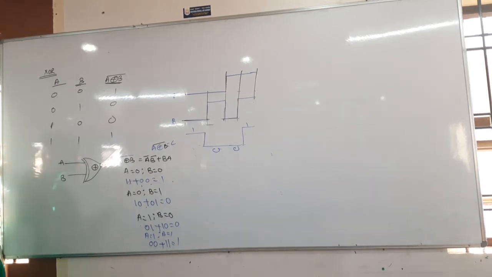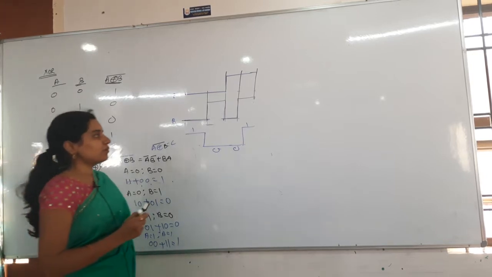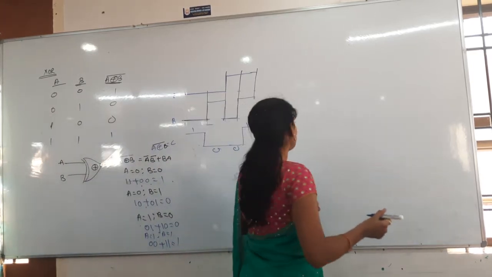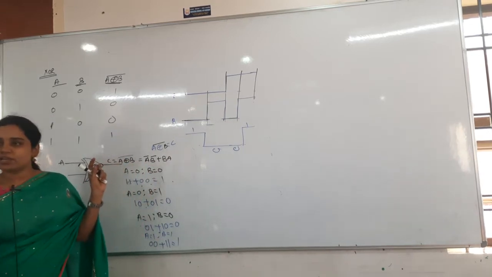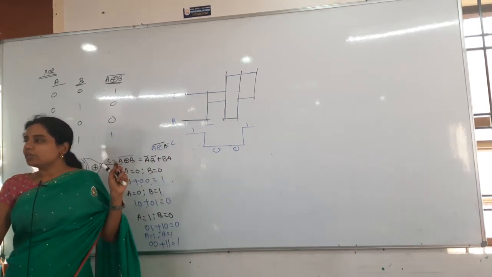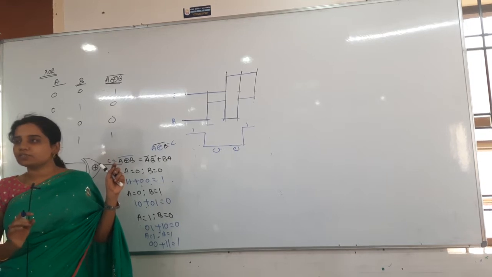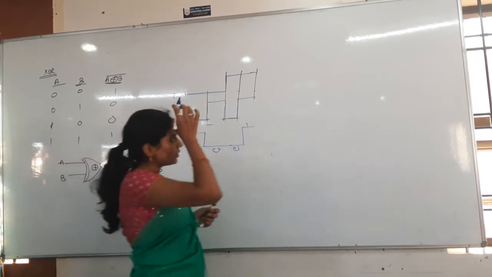Now I will tell you, by using this expression, whatever expression we got, you have to draw the circuit symbol. Otherwise I will just give you one combination, you have to tell me which gate that is. Okay? So I will give you the combination now.